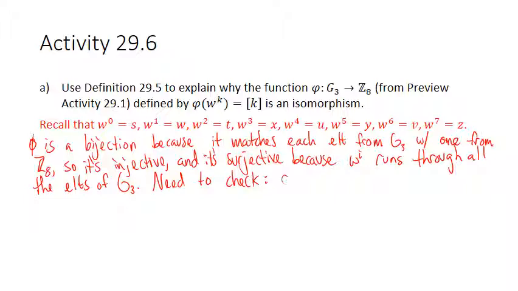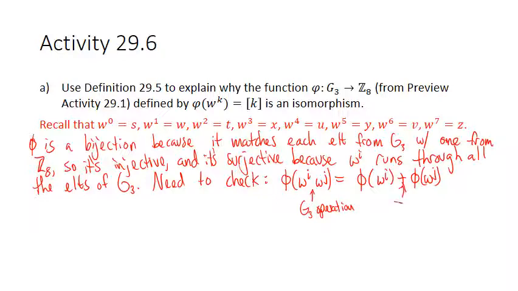So in other words, that phi of w to the i times w to the j is equal to, okay, so over here on the right side, I'm going to write it with addition, because addition is the group operation for Z8, and on the right side of this equation, I have two elements from Z8. So this right here, this is the G3 operation. And then over here, this is the Z8 operation. Does that make sense? I hope. And that's for all i and j.